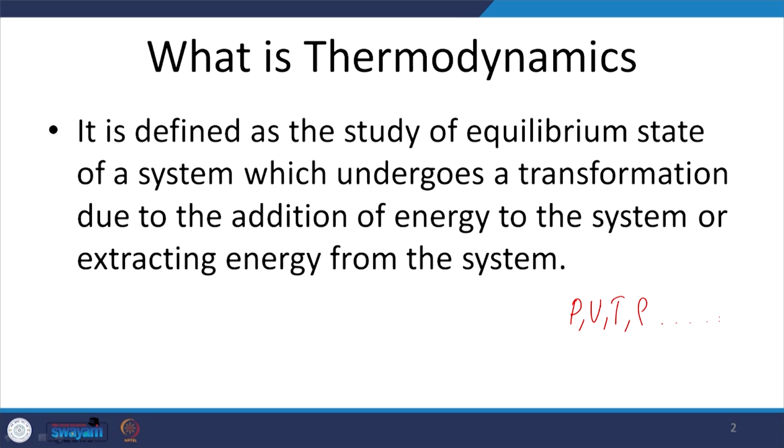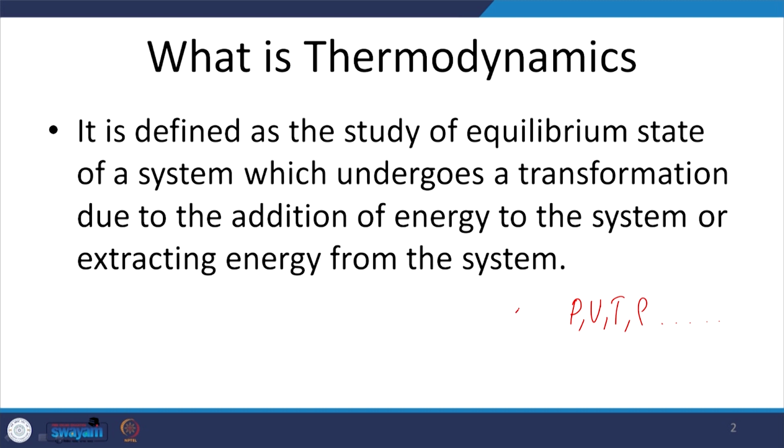The point is thermodynamics will be able to tell you what will happen to a particular system and its variables if you add some energy to it under certain conditions, how will they transform with respect to time or with respect to changes in any other variables, right.